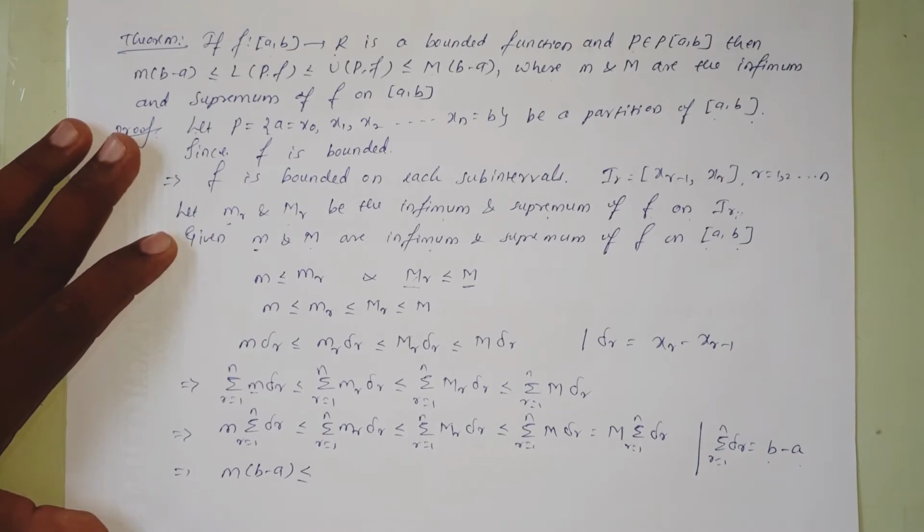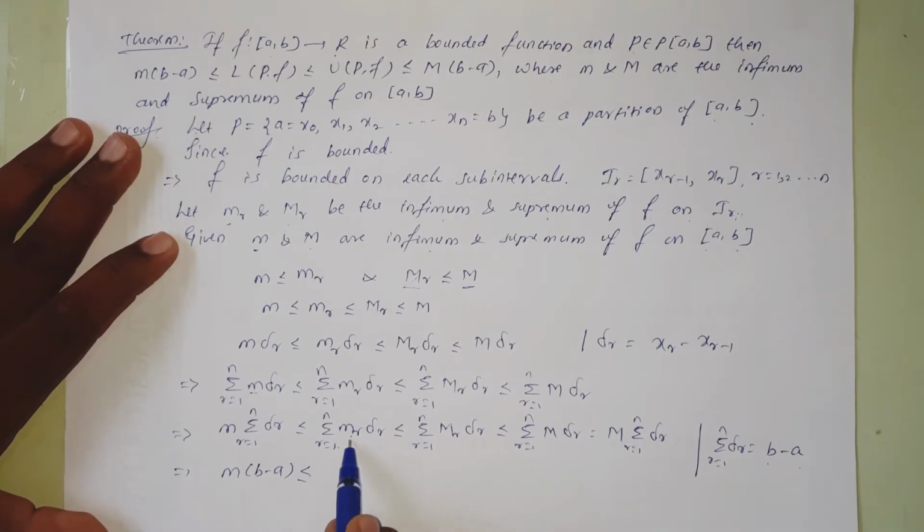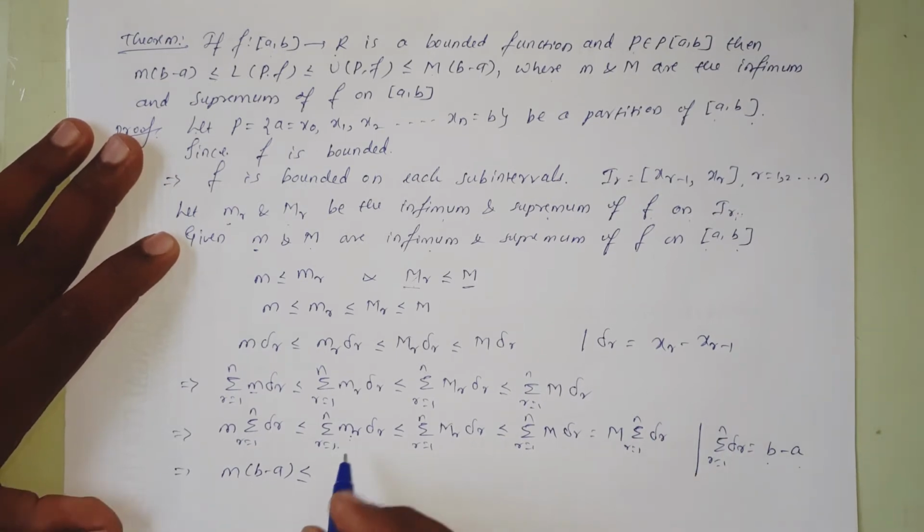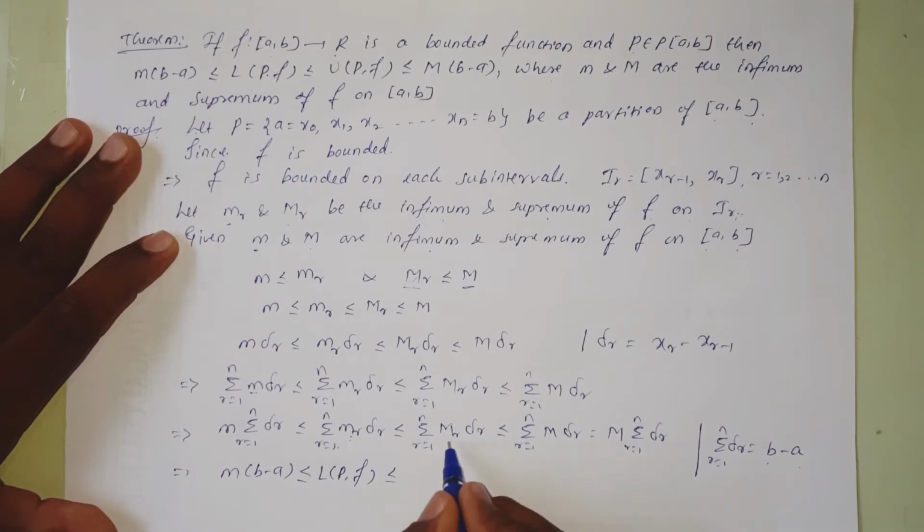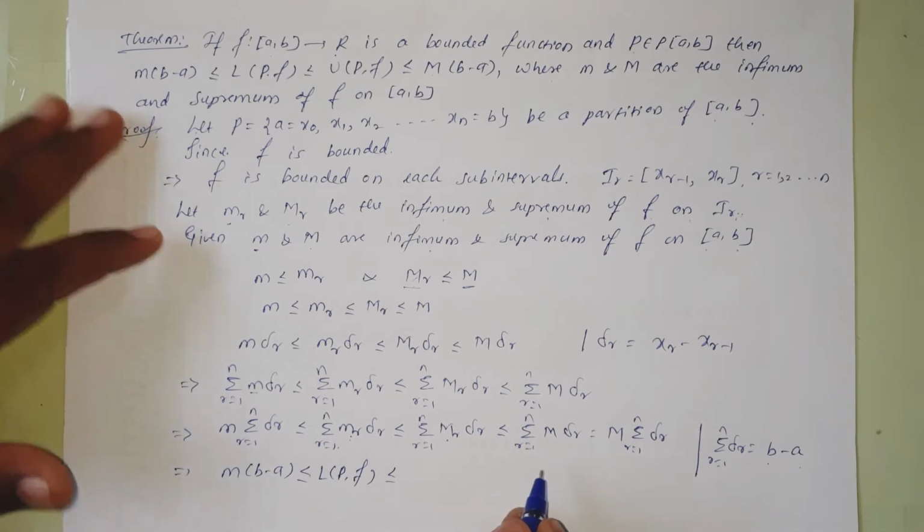So, already we know that summation over R is equal to 1 to n small mr into delta R, where small mr is the infimum of the Rth subinterval IR. Then this can be written as LPF, the lower Riemann sum, and here capital Mr is nothing but the supremum of the function f on the Rth subinterval.